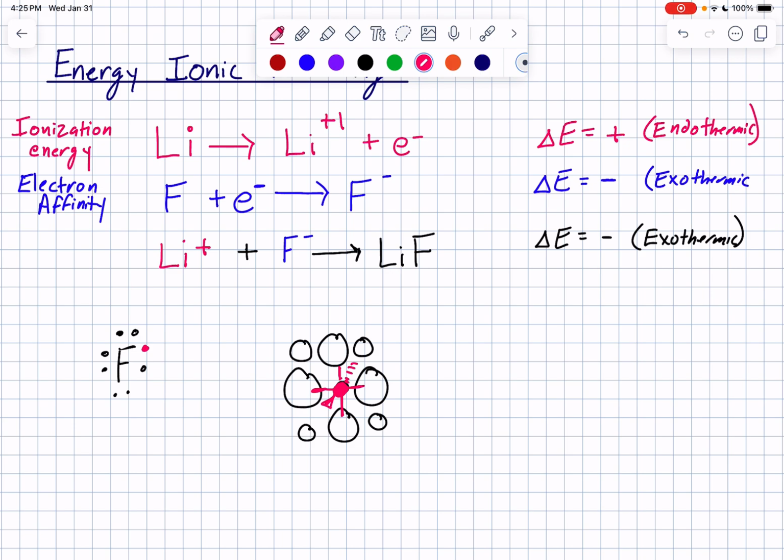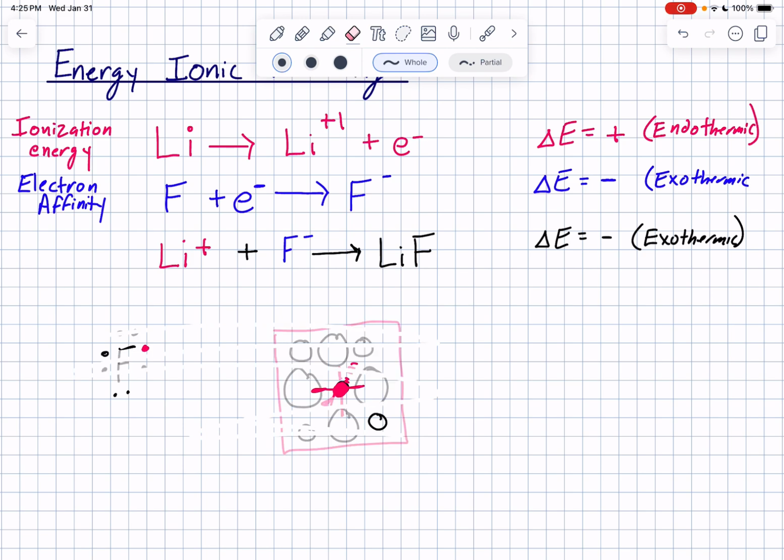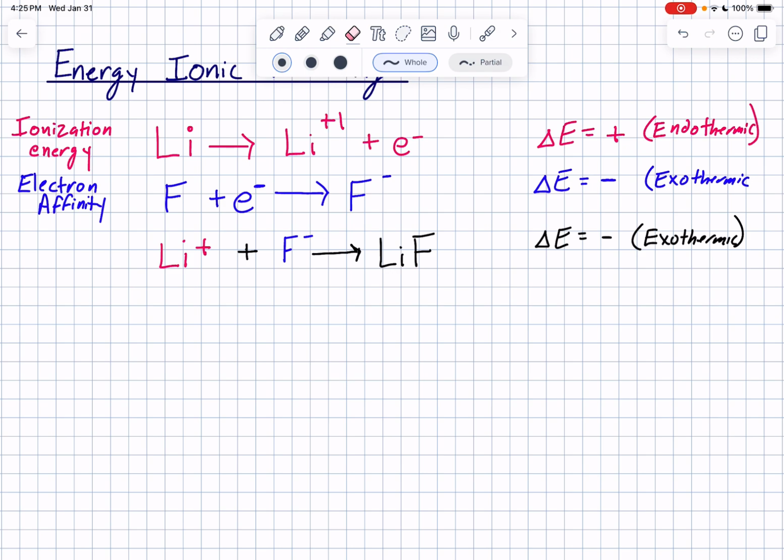And as we said, when the attraction happens, energy is released, it's more stable. So my crystal lattice is very, very stable. And so it releases a lot of energy. And so now, if we look at this with some numbers, I'm going to make these numbers up. So if you look these numbers up, these are not the correct numbers. Oh, and I didn't tell you what type of energy that was. I apologize.